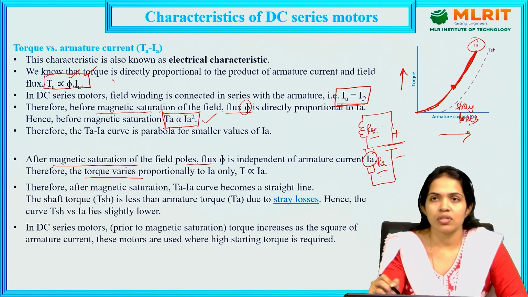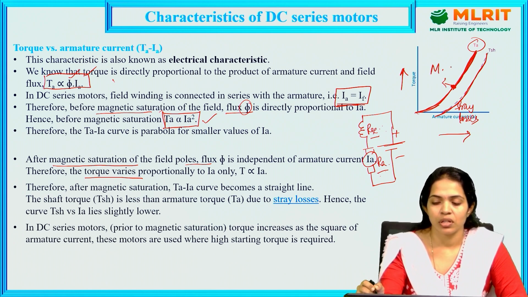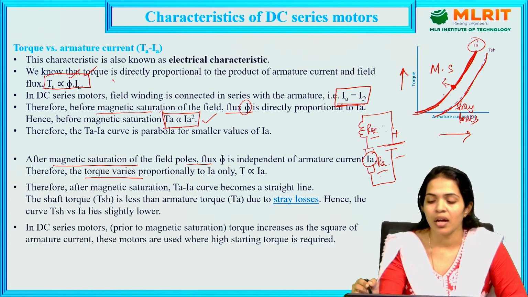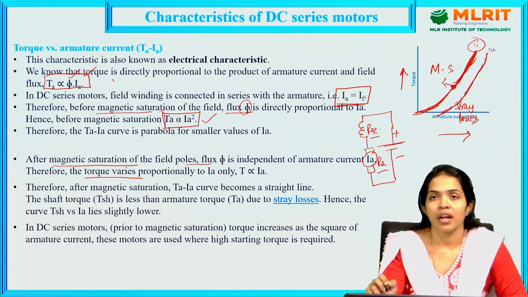These stray losses reduce the value of shaft torque, so the curve for shaft torque always lies below the armature torque line. This is the point of magnetic saturation. Till the magnetic saturation, we see the curve as a rectangular hyperbola. After the magnetic saturation, there is a linear graph between the armature torque and armature current.